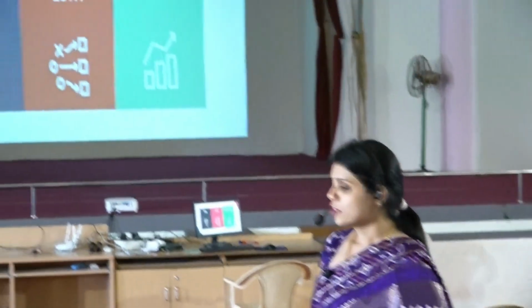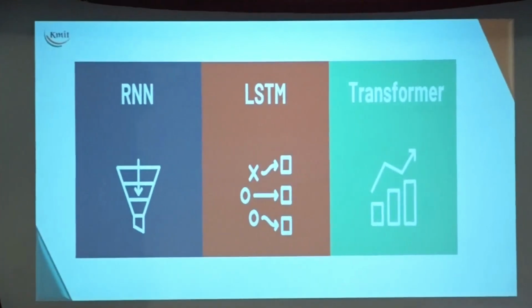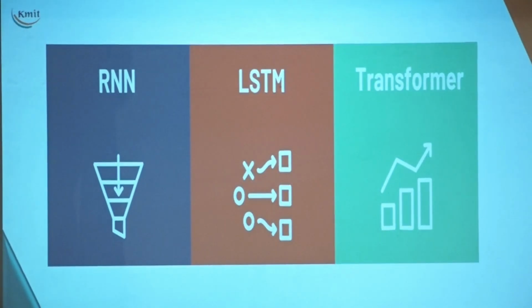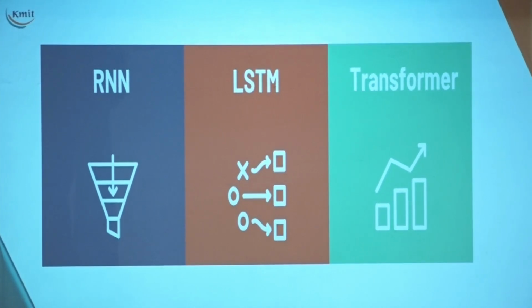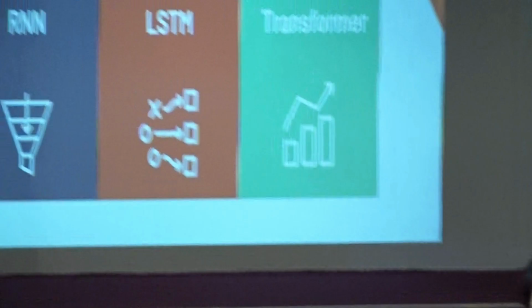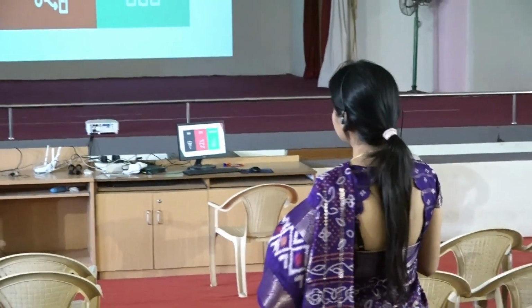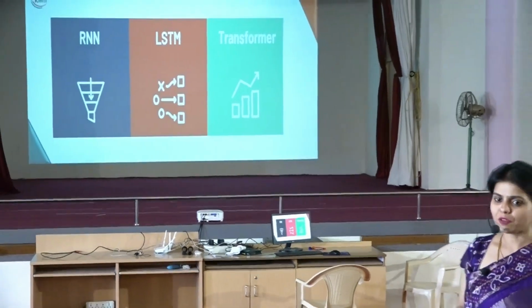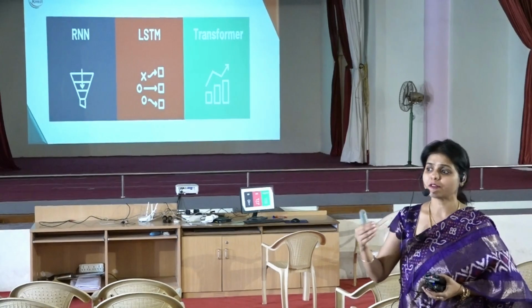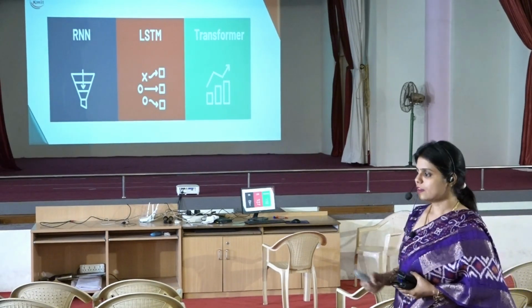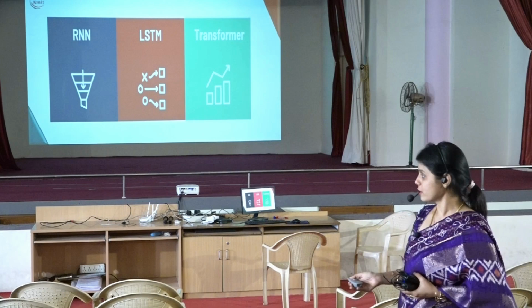Now, when we talk about text processing, we have seen RNNs, LSTMs, and then the attention mechanism in the last session. Using the attention mechanism and RNNs, we will develop transformers. This is how the evolution came into picture: first we study RNNs, LSTM architectures, attention mechanism, self-attention mechanism, and then finally the transformer models.